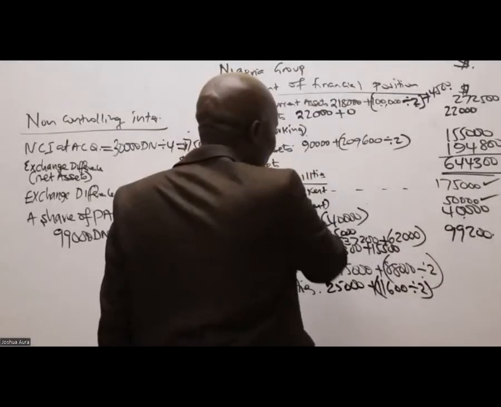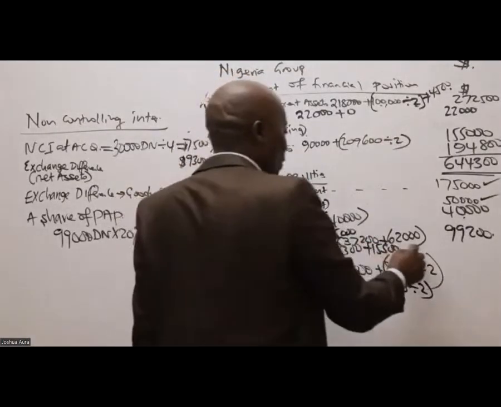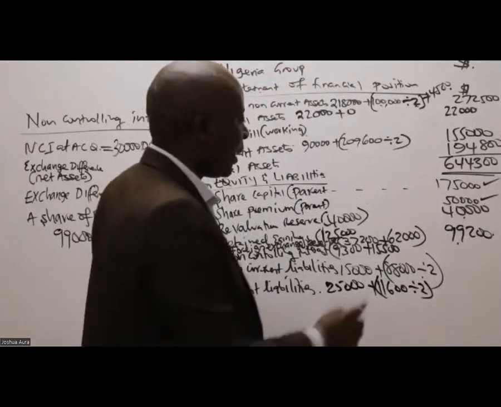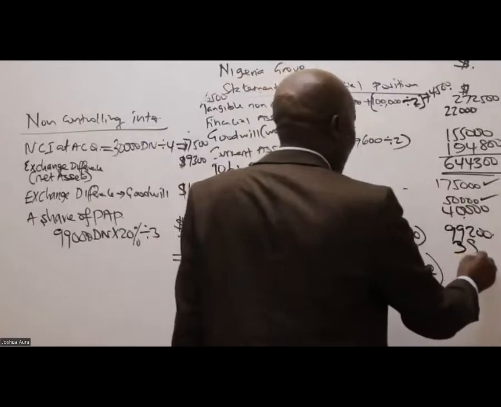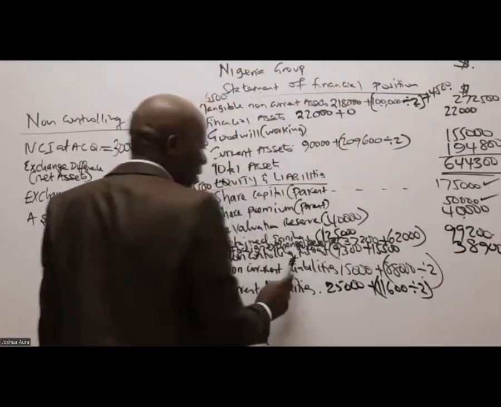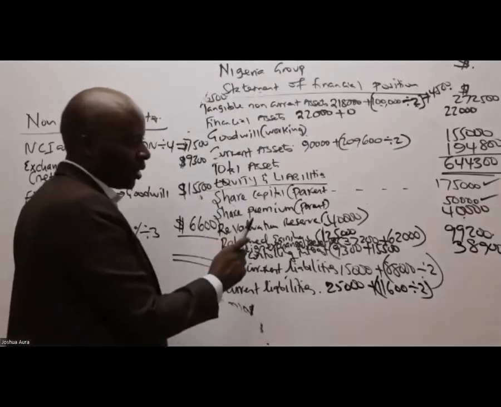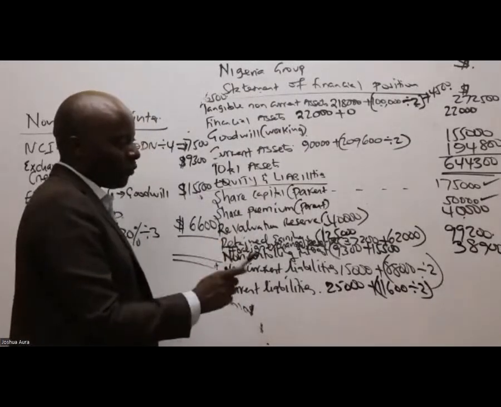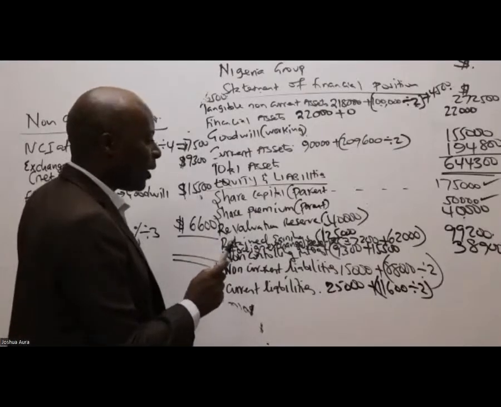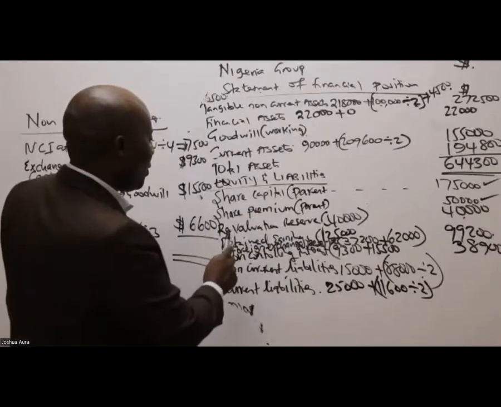I don't know how you can call it working 10 or whatever for a revision, but I'm being told that this is supposed to be 38,900. So remember, this is permanent source of what here? Capital. This is permanent source of capital.